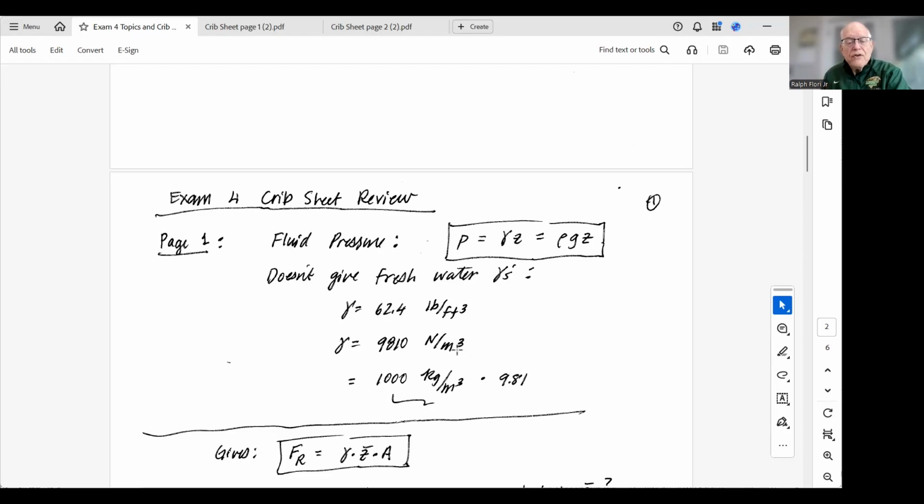If it's a concrete slurry, your gamma can be up to 150 pounds per cubic foot, which is 2.5 times this, so not 2,500, 25,000 newtons per cubic meter in the SI system. So read the problem carefully and use the gamma that they call for. But again, your crib sheet gives the pressure is equal to gamma z formula.